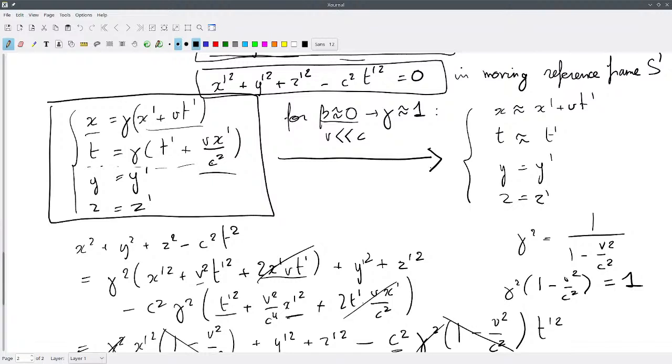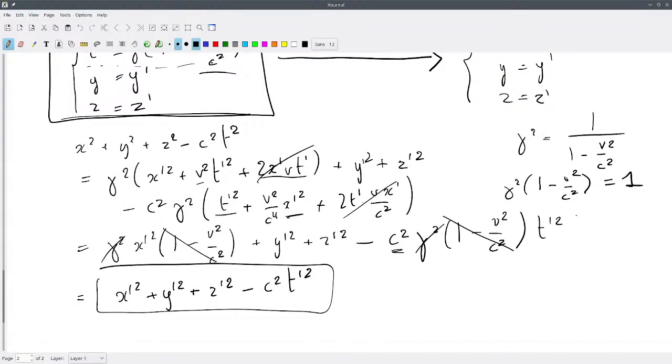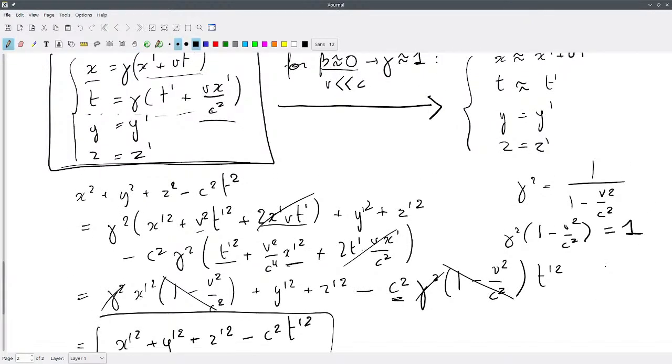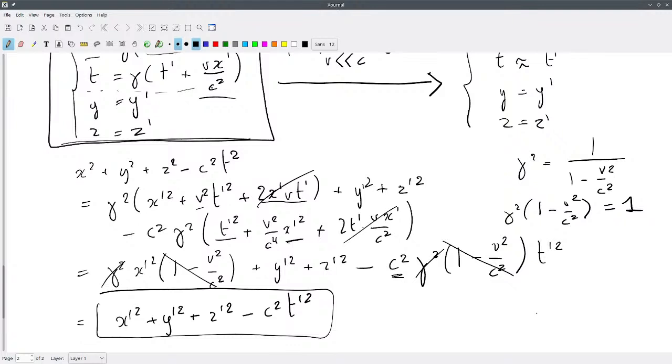So it worked all the way through 1907 or whenever this special relativity transformation was written down. But it also has the benefit that it follows Einstein's postulates. In particular, it keeps the speed of light constant. No matter in which reference frame we measure the speed of light, we will get the same speed of light. And we've shown that it does that because of this expression, because it doesn't change the expression for the distance of the light pulse from the origin.